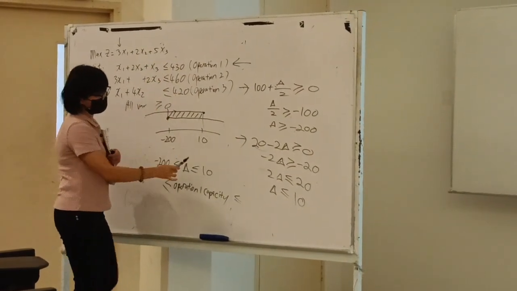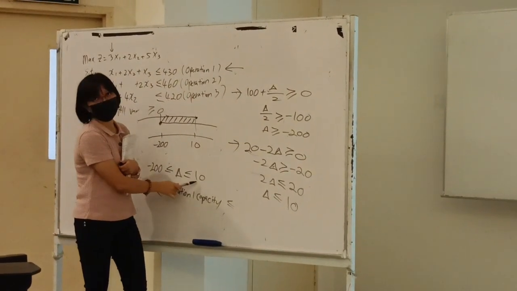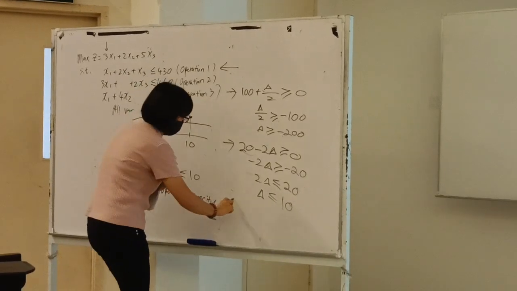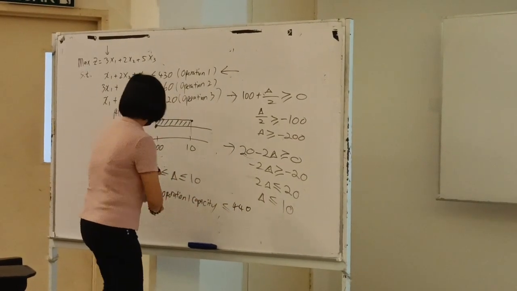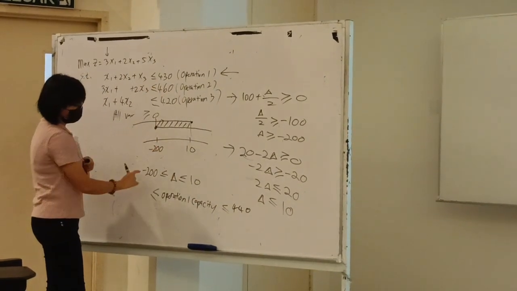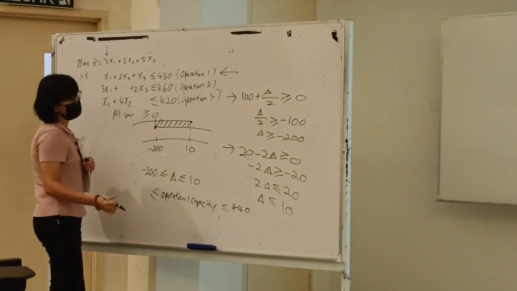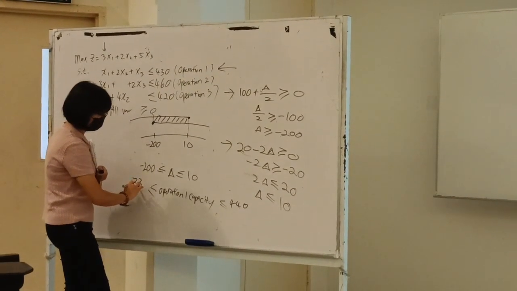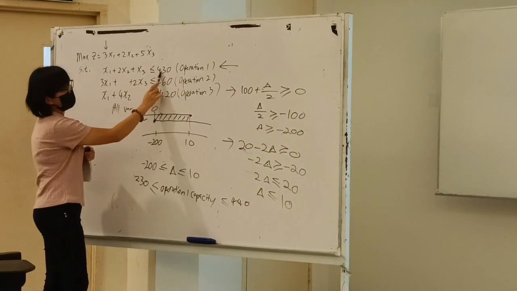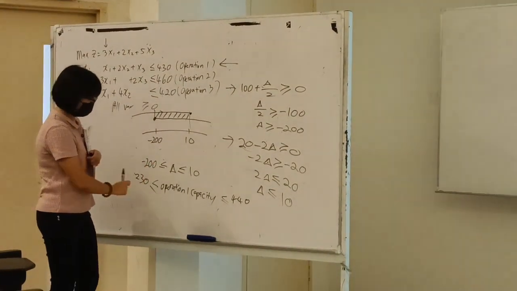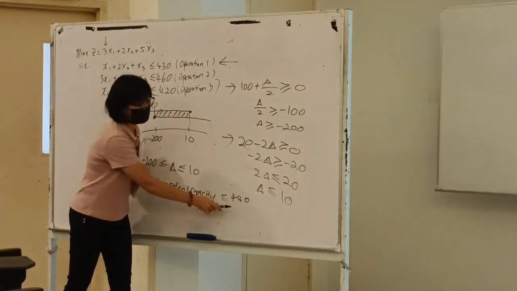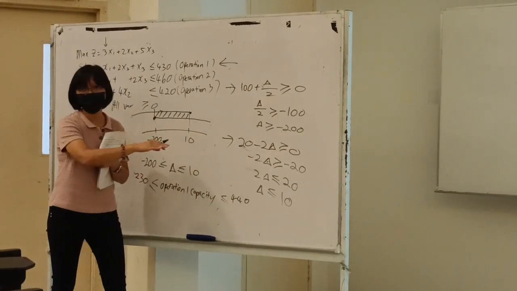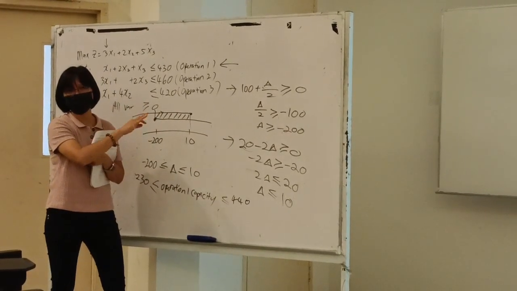If 430, then plus this one is equals to 440. Then how about this one? 430 minus 200 is equals to 230. So it means that your right hand side, you can make the adjustment between 230 and also 440 in order to remain the feasibility of the current solution.